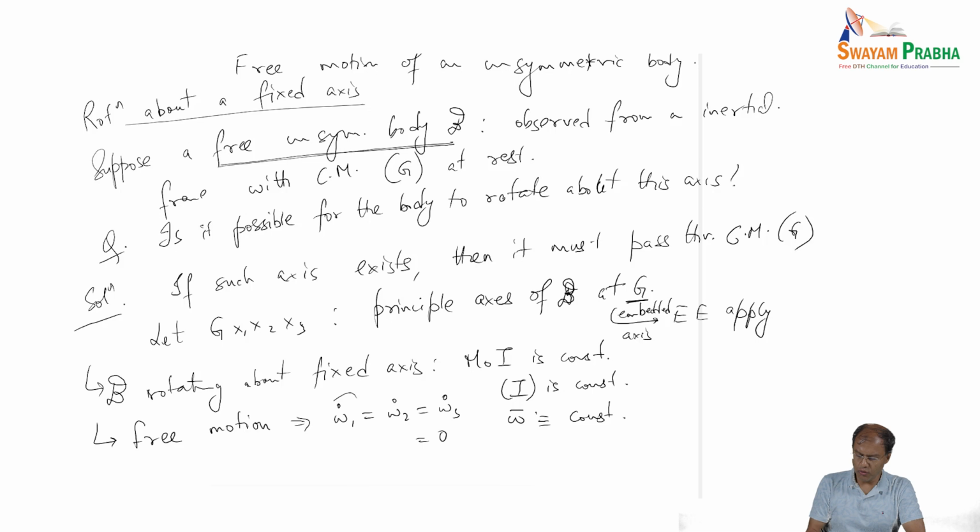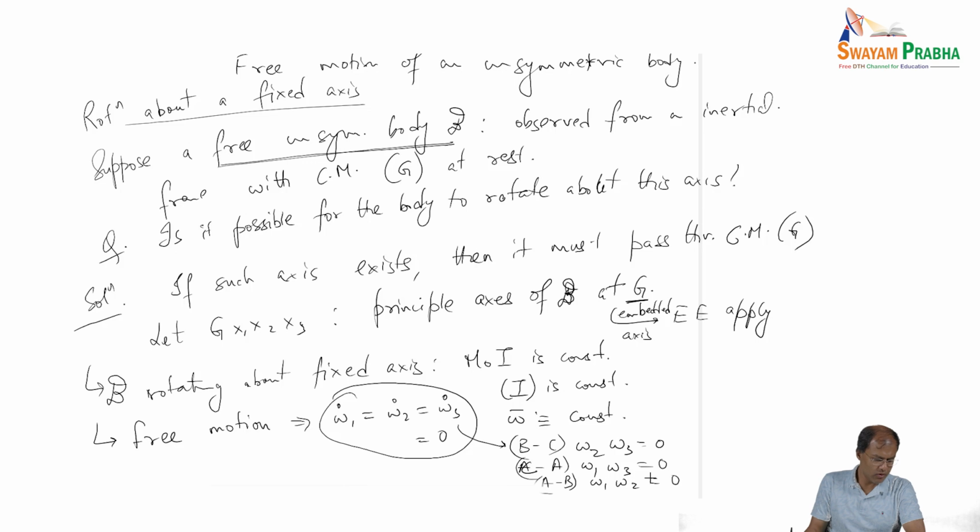If we use this information, that the derivatives of the omega i's are 0, in the Euler equations, we see that the following emerges. B minus C, omega 2 omega 3 is 0, and similarly C minus A, omega 1 omega 3 is 0, and the last one is A minus B, omega 1 omega 2 is 0.